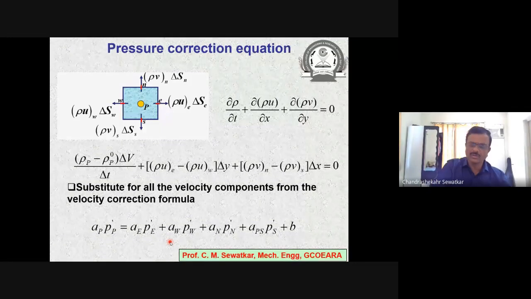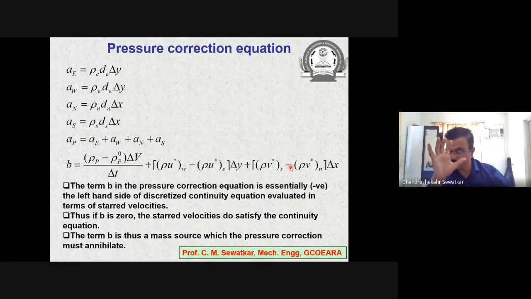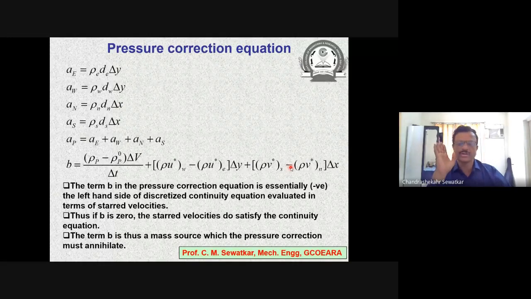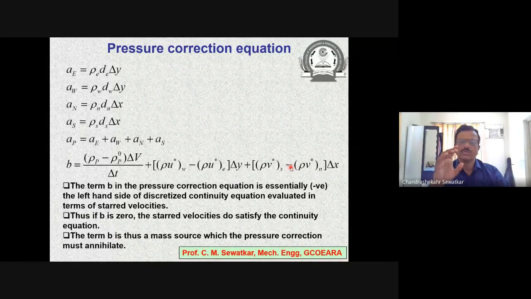If my gas velocities provide me the value of B equal to 0, that is, if my gas velocities satisfy the continuity equation, my pressure guess was correct. And from that pressure guess, whatever velocities I have found out are correct. But if it is not so, I do some pressure correction.